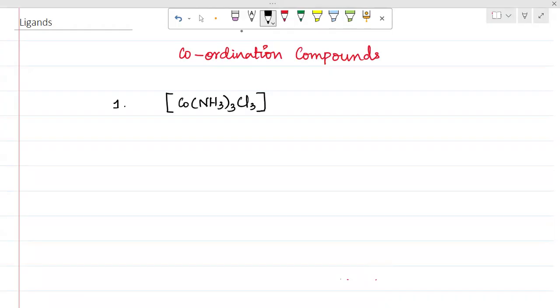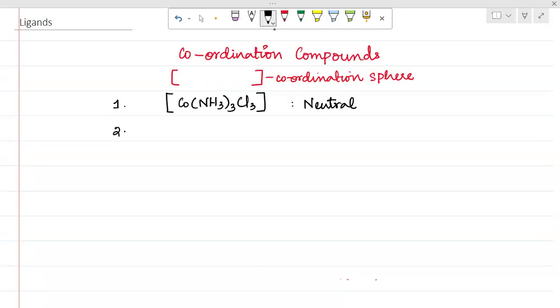Anything put inside the square bracket is called the coordination sphere. So whatever is inside the square bracket, you call it the coordination sphere. Here the coordination sphere is not charged, and this is a neutral coordination compound.